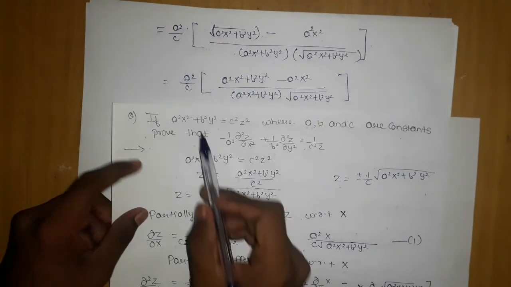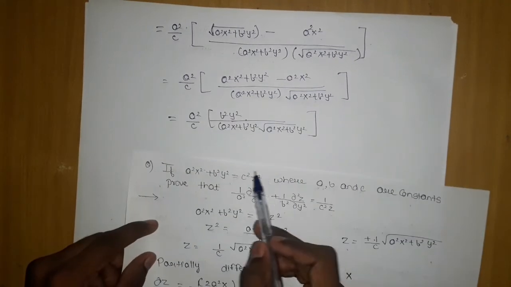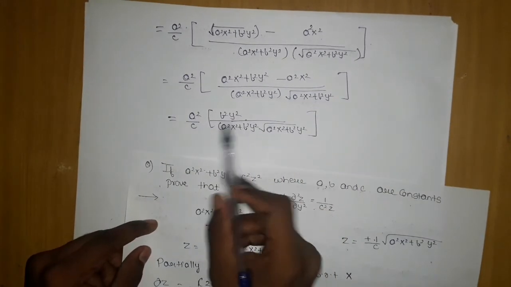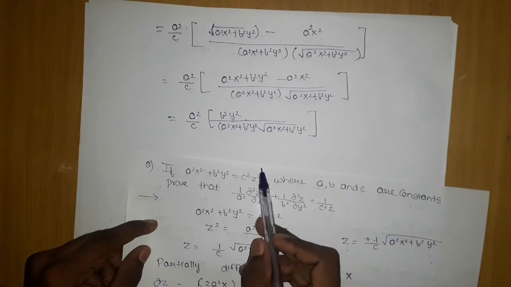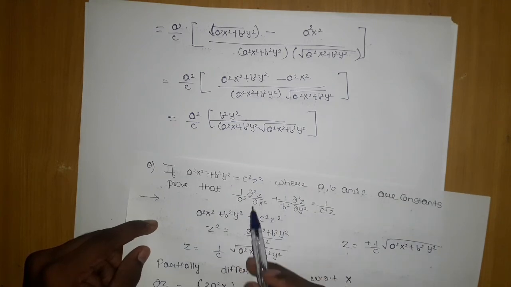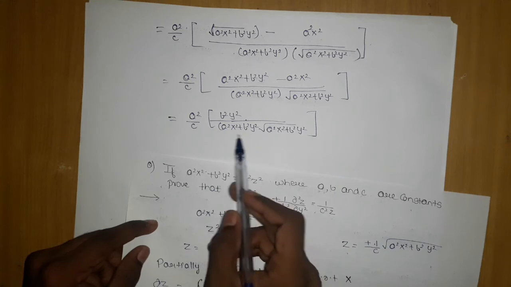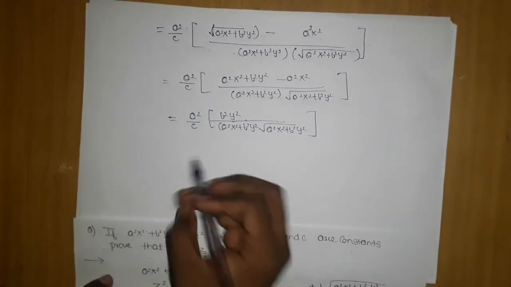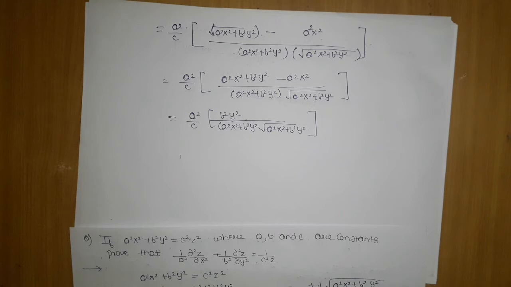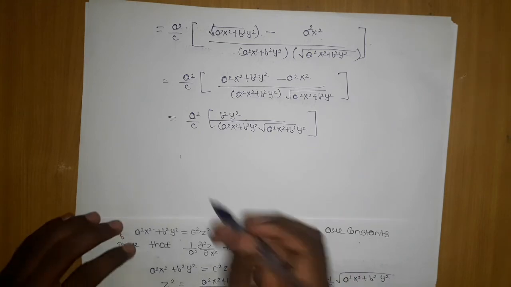Now you know this thing, that this thing is equal to c square z square. This under root thing is equal to cz, and this thing is equal to c square z square. So we are going to substitute that value and see what we are getting.